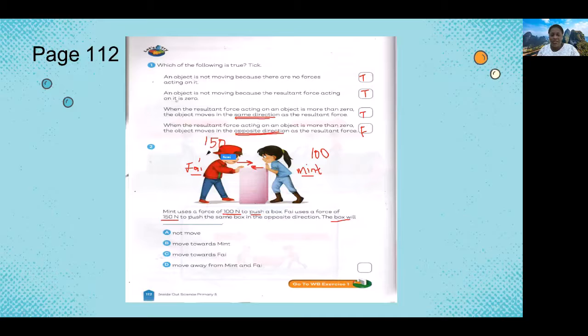It means that the one exerting more force will win. So the box will move towards Mint. Very good. It is 50 newtons towards the right, like this. Very good. I've just slowed down so that you can understand this topic very well.